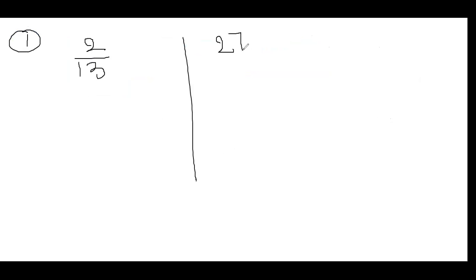Now, question number 1. Check whether, out of these two numbers, 2 by 13 and 27 by 40, which one is a terminating decimal? Tell me that first.